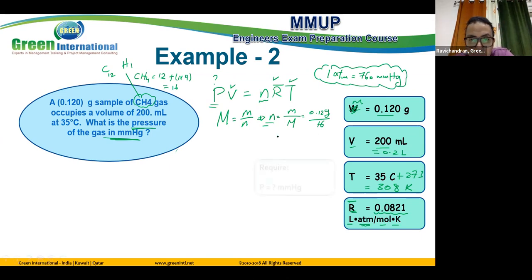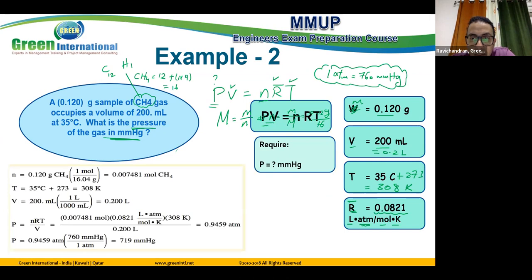Once you get the value in atmosphere, you can change it by this conversion. Let's see the answer here. First, get the number of moles. This value divided by 16.04, the exact value. If the value isn't given, I just write it as it is and make the calculation. So this is the value for number of moles.